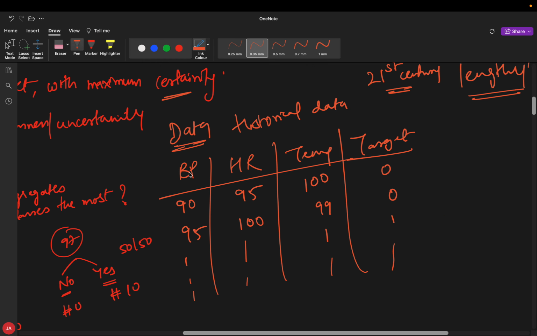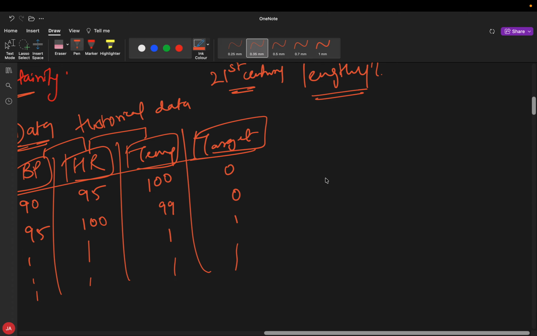Now I want to know which of the features, BP, heart rate or temperature, will give me a split between the 0 and 1, which is my target.